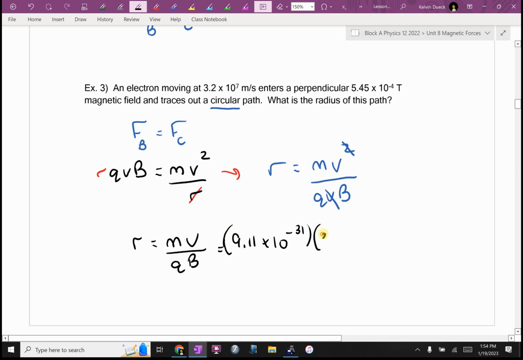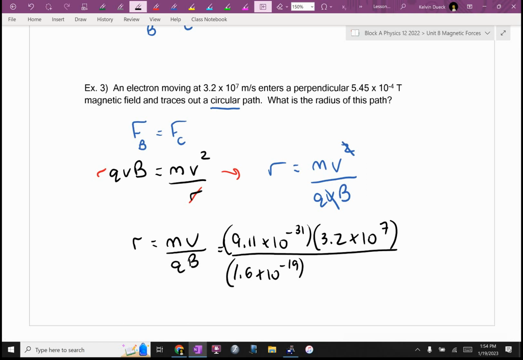V, they told me, 3.2 times 10 to the 7th. Q, it's an electron, 1.6 times 10 to the negative 19. I'm not going to put the negative in because a radius has to be positive. Yes, it's a measurement. So I'm assuming that now we're in Scalarville. B, a 5.45 times 10 to the negative 4.